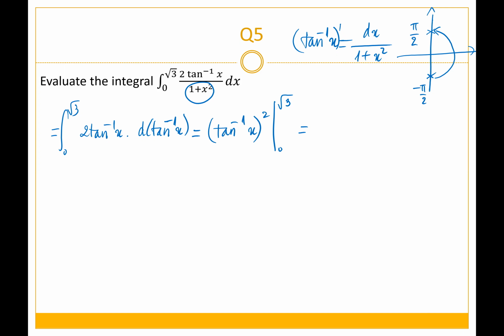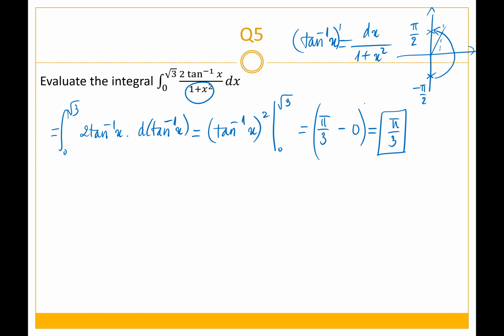So the one at square root of 3 is where theta is equal to square root of 3 over 2, and so that one's going to be pi over 3, minus, when you have 0, inverse tangent of 0 is just 0, so it's going to be pi over 3. So this one is not just about the derivative of the function, but also remembering the domain and the range of that function to be able to get the right answer for that part.